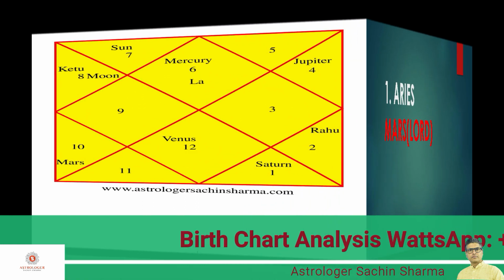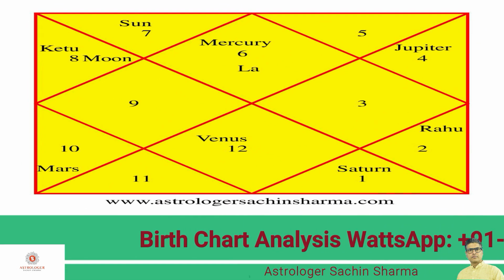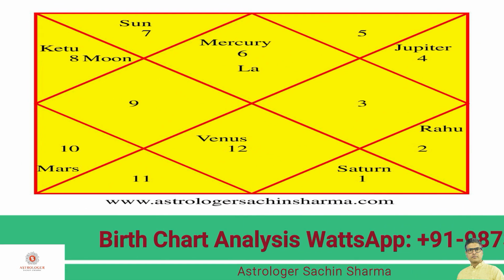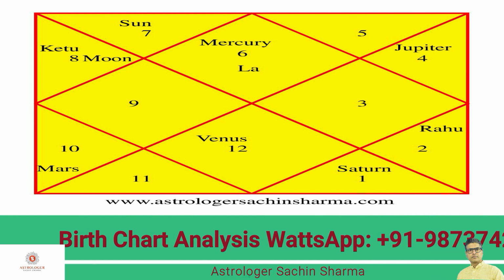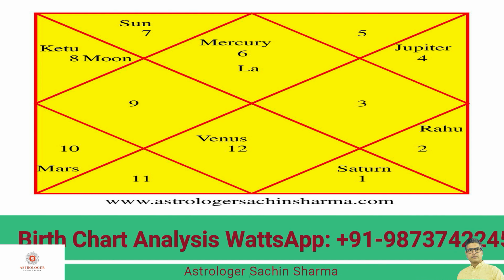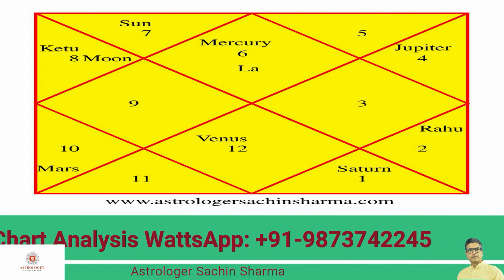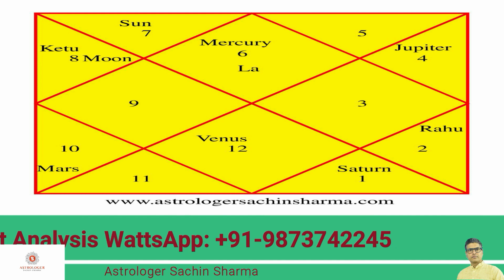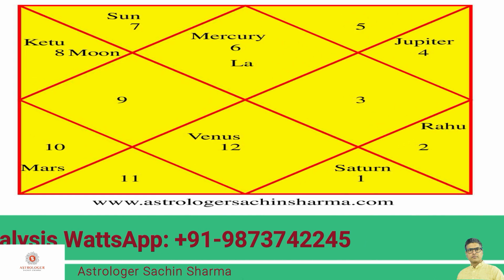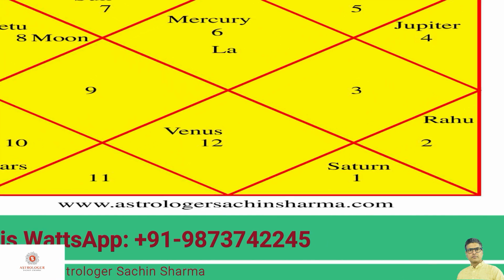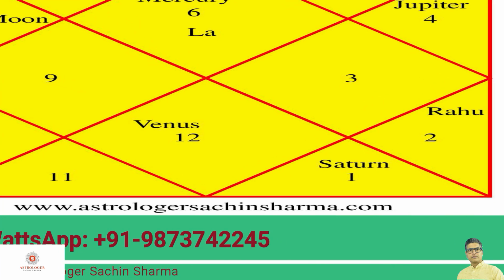Let us understand this concept practically in a birth chart. So here you can see a birth chart and you can see that number 1 is written in the 8th house of this birth chart. That means the 8th house sign is Aries, which belongs to Mars.